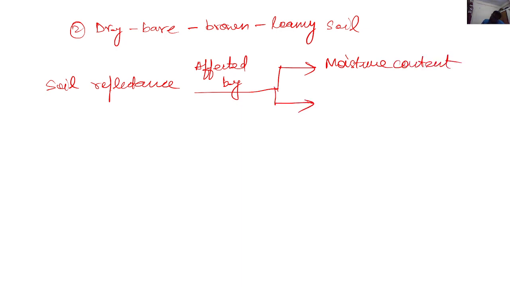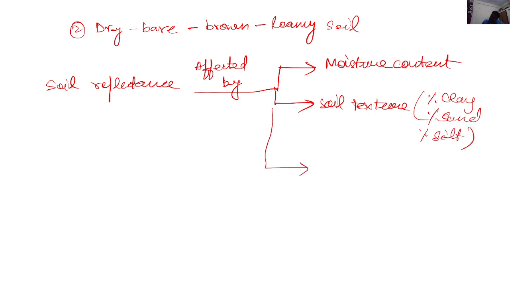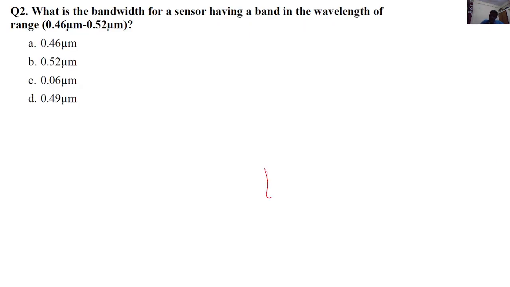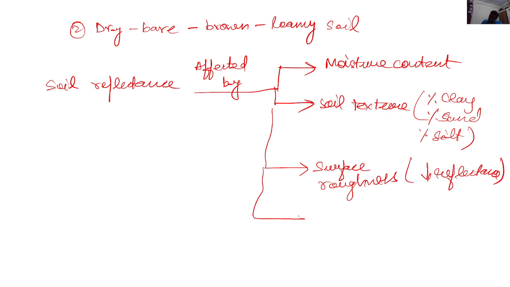Second one may be soil texture. Texture means how much amount of the soil is clay, or how much is sand, or how much is silt, or surface roughness. Usually, an increase in the surface roughness decreases the reflectance, or the amount of iron oxide in the soil.